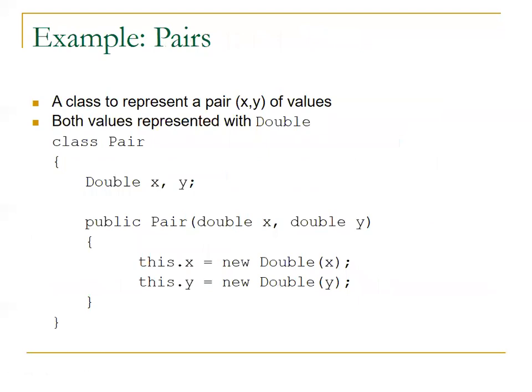If you are considering a class to represent a pair of x, y values, both represented with double, then this.x points to the current object's x, and this.y points to the current object's y.